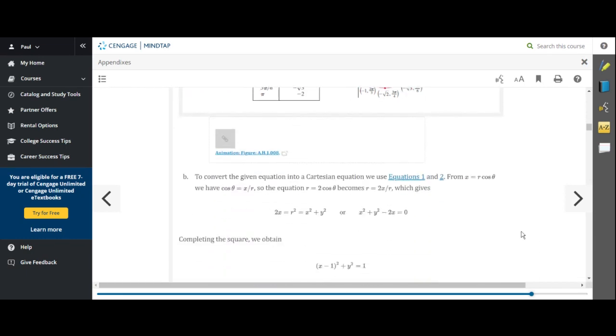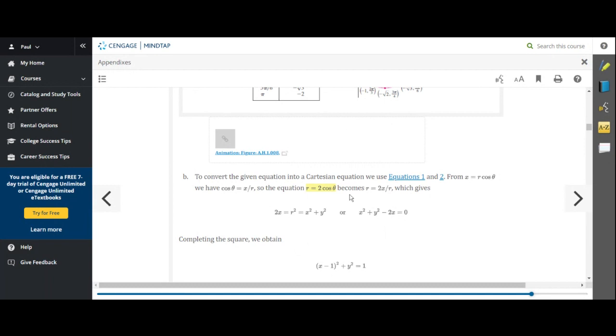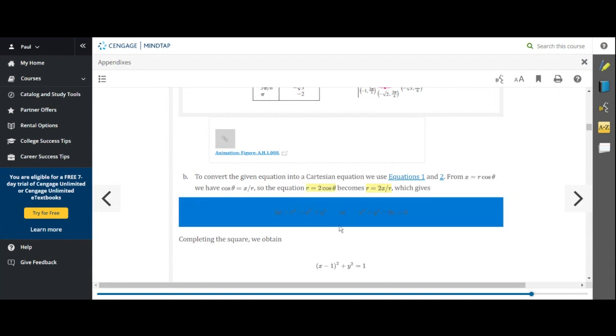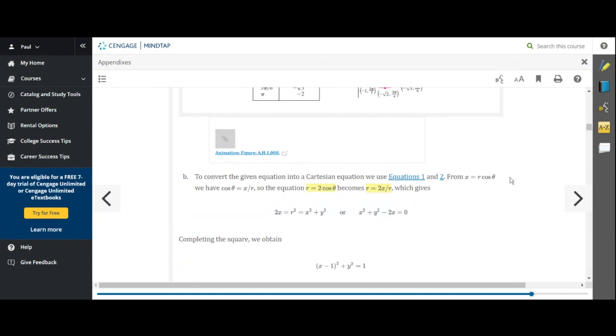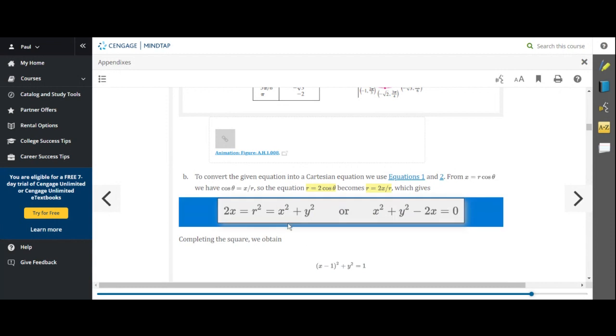And it's not hard to do, because if r equals 2 cosine theta, you can replace cosine theta with x over r, because that's the definition of cosine theta. Cosine theta is x over r. And so you get r equals 2 times x over r, and then that would be equal to 2x equals r squared.